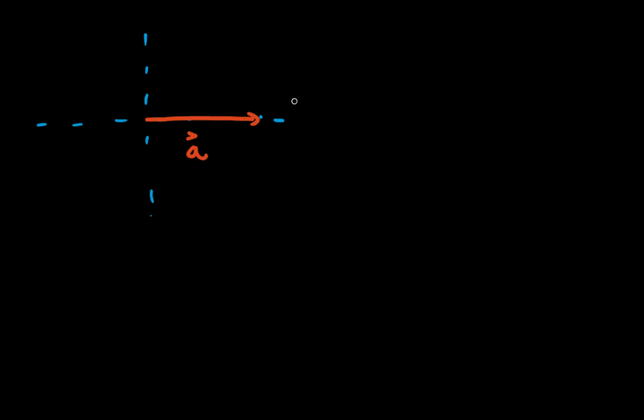And then I have a vector b over here, and then vector c over there. What I want to point out to you is that this is a 90-degree angle, which means this internal angle here is a very special angle.